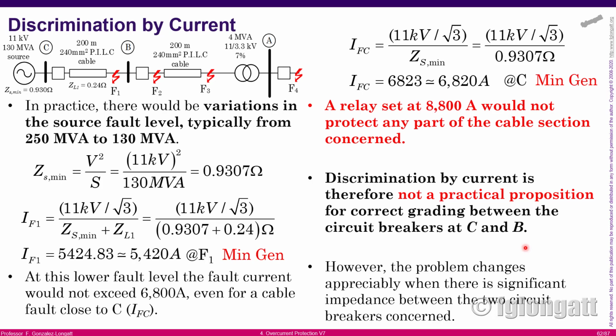In this case, I would like to show you another limitation about discrimination by currents, okay? In this case, we have the same radial system, but right now, let's modify the short circuit levels at the source, okay? Right now, we are moving from 250 MVA short circuit level to 150 MVA short circuit levels, okay? Three-phase short circuit level.